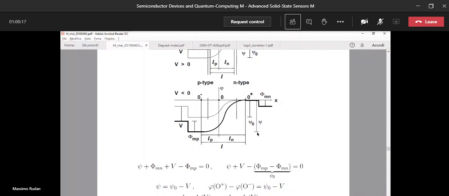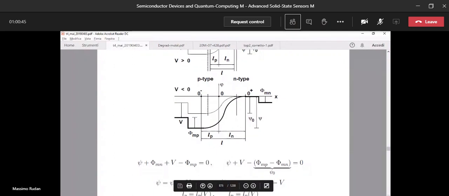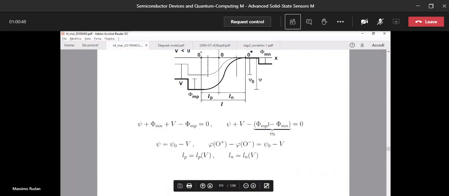If you go around the loop in a non-equilibrium condition, you again find that the new drop that you call psi plus phi mn plus V, because in this case we have a non-zero value of V, minus phi mp is 0. Okay? But you can recast this equality by collecting the difference phi mp minus phi mn.